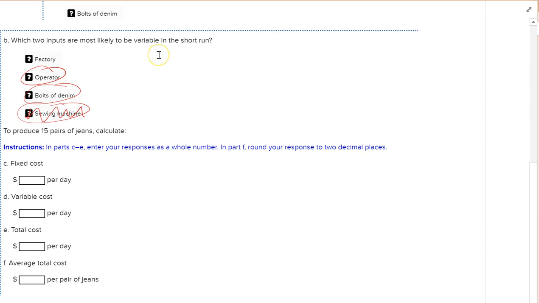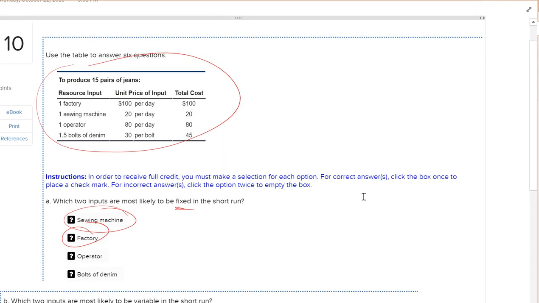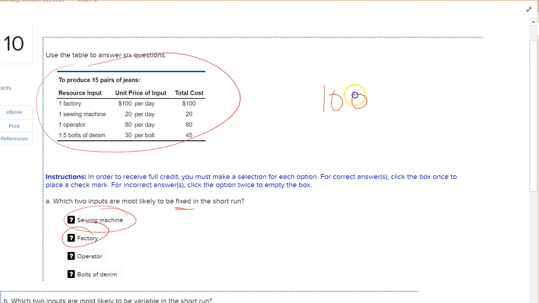And then finally, it asks us to calculate some costs. So the fixed costs per day can be calculated at our fixed inputs, right? The cost of our fixed inputs. Well, we said the factory and the sewing machine are fixed costs. And so $100 a day for the factory, $20 a day for the sewing machine.